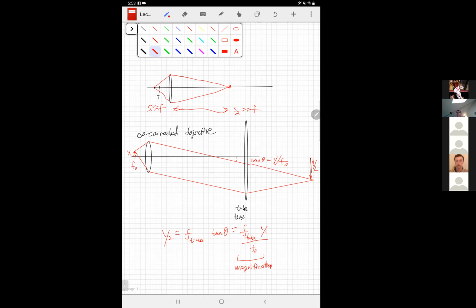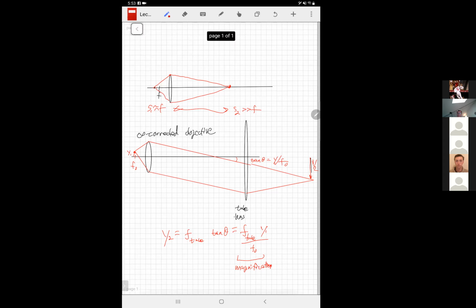So in principle, as long as we have a tube lens with a really long focal length, we could ideally have a huge magnification. People generally don't do that. You rarely see a magnification on a microscope much above 100 or 150.